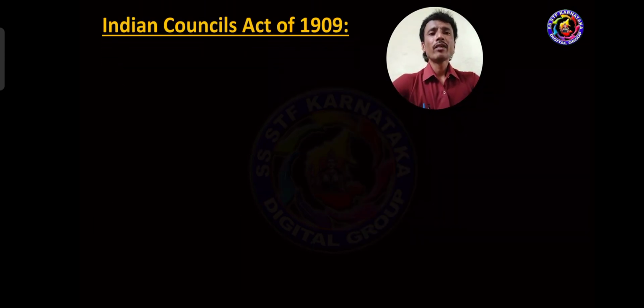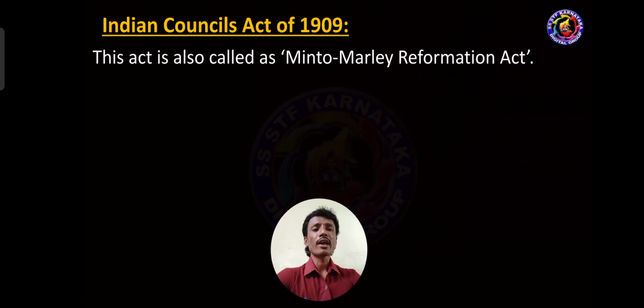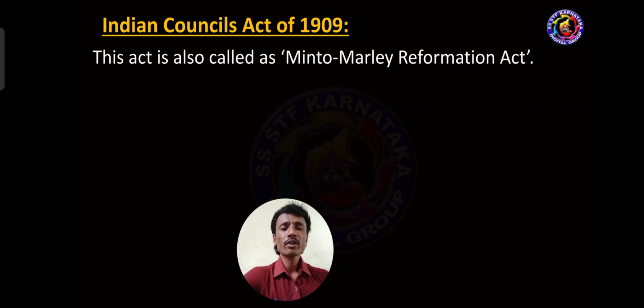Then another one, the Indian Councils Act of 1909. Here, this act is also called the Minto-Morley Reforms Act. Dear students, got it? The Indian Councils Act of 1909 is also called the Minto-Morley Reforms Act.